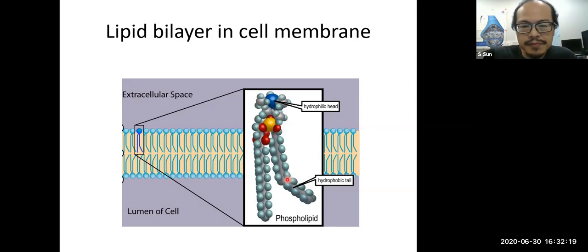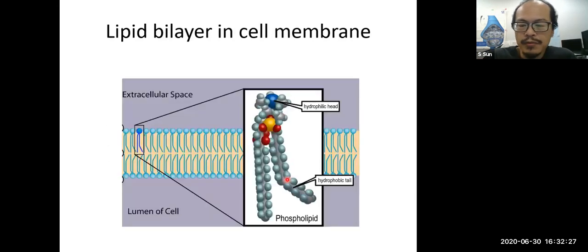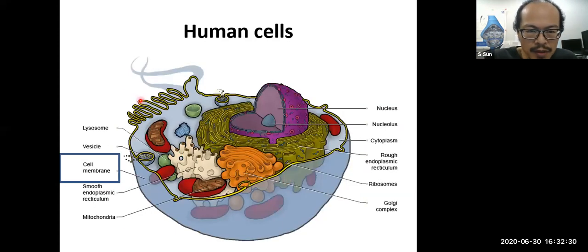So this cell membrane refers to all the membranes, every membrane from the cell to different organelles. All these membranes are called cell membrane. This wall of the cell is also called the plasma membrane.